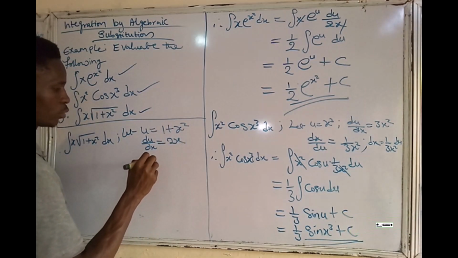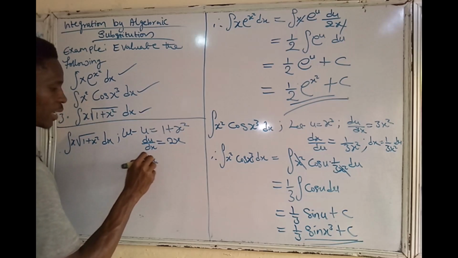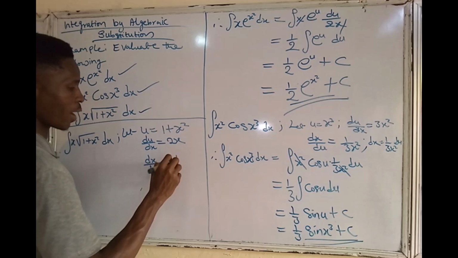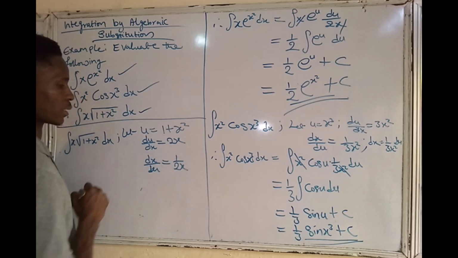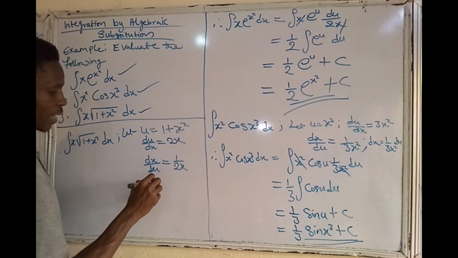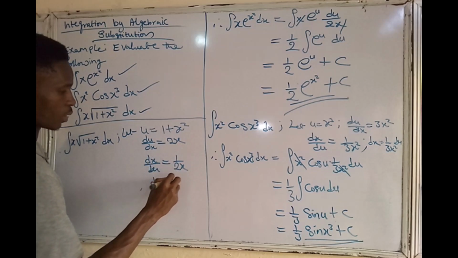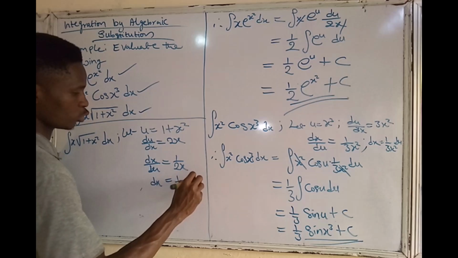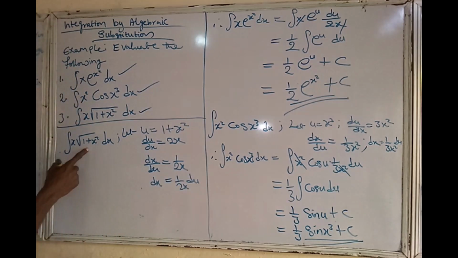As we know, dx over du should be equal to 1 over 2x. That is dx alone now, which becomes 1 over 2x du.